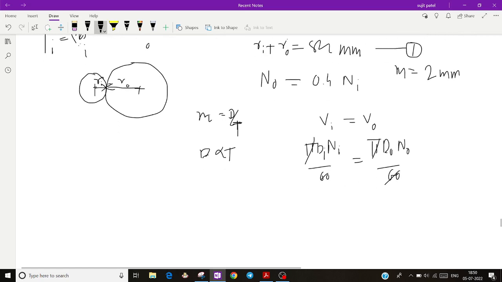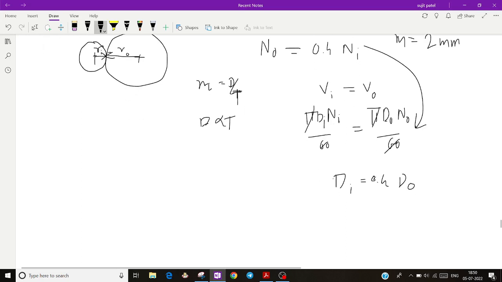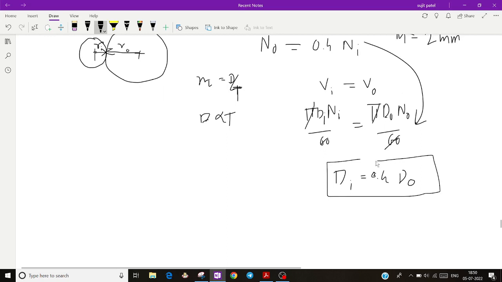We don't know Di and Do, but we know the relation: No is 0.4 times Ni, so Ni gets cancelled and Di will be 0.4 times Do. Similarly, as D is directly proportional to T, T for input gear is 0.4 times output gear teeth.